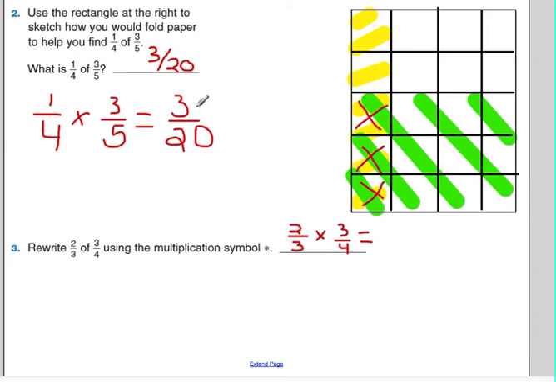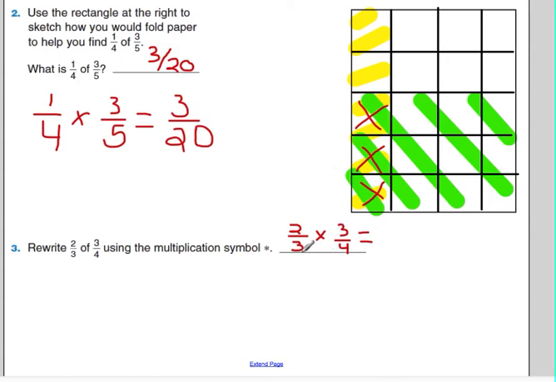Pretty cool, huh? When you multiply fractions, it's a little different than adding and subtracting fractions because you actually multiply the numerators and you multiply the denominators. The denominator does not need to be common and it does not stay the same in your answer. We actually multiply it. The answer is the product.